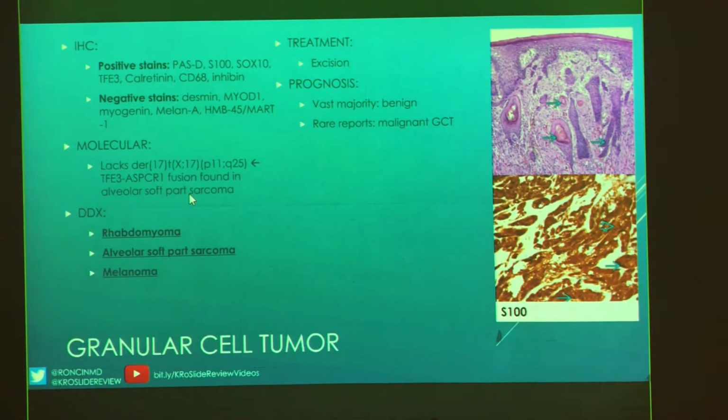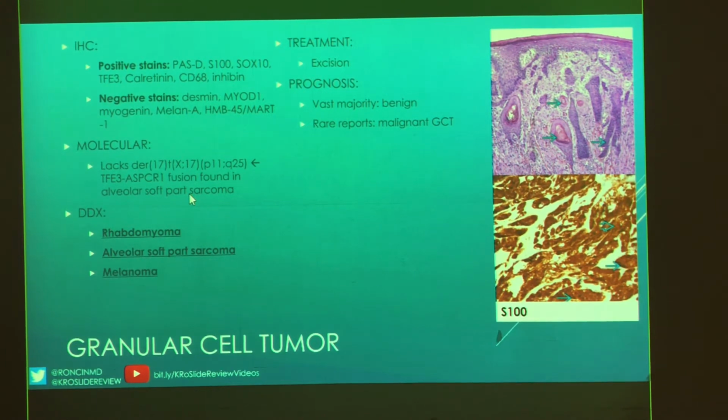For your stains, again, these are another PAS positive lesion. They also will have S100, SOX10, TFE3, calretinin, CD68, and inhibin positivity, whereas your muscle markers, so your MyoD1, myogenin, will be negative, and the other stains that you would use for melanoma will also be negative. So HMB45, MART1, melan-A, those should all be negative.